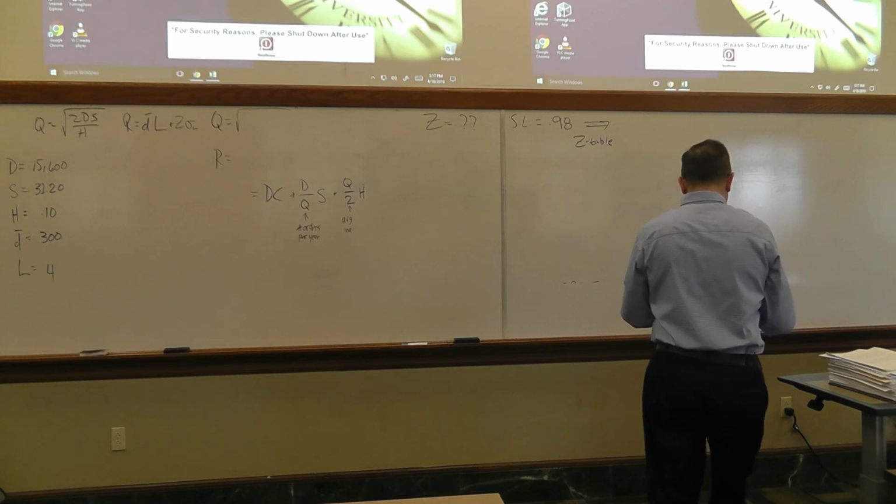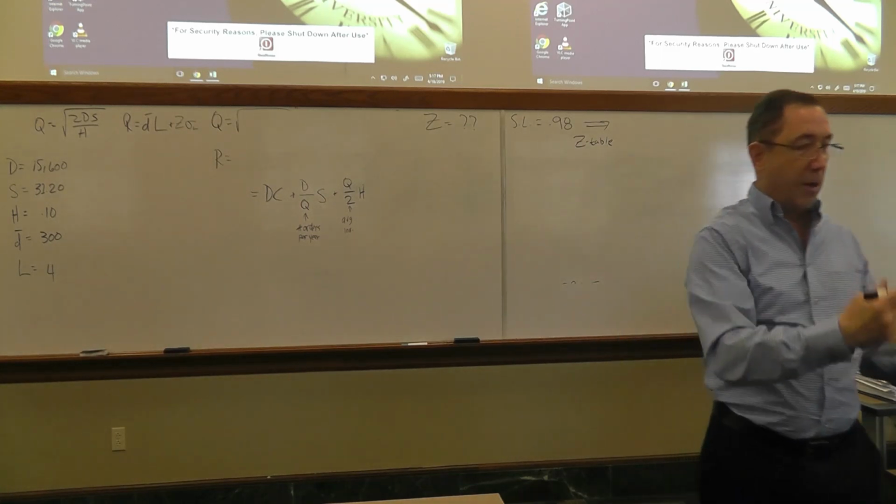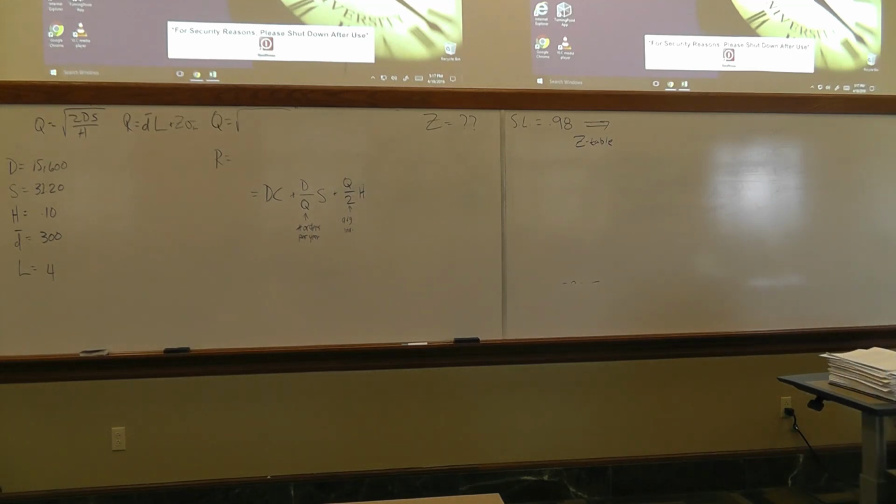So you'll have this table on the exam. It gives us more exact numbers. Go through all those probabilities, find the closest to 0.98. I've got 0.9798, 0.9803. We'll go with the 0.9798. And right next to it is a Z of 2.05.